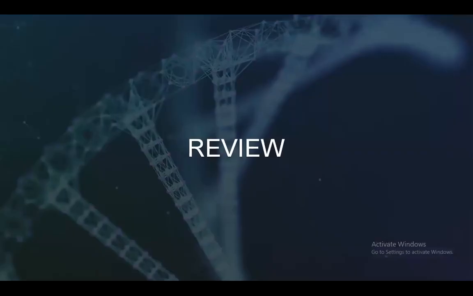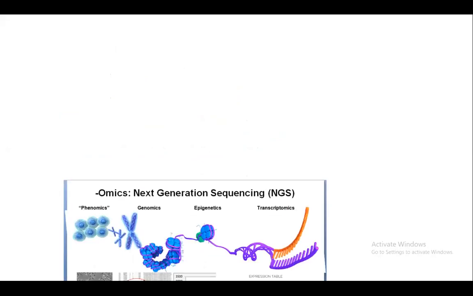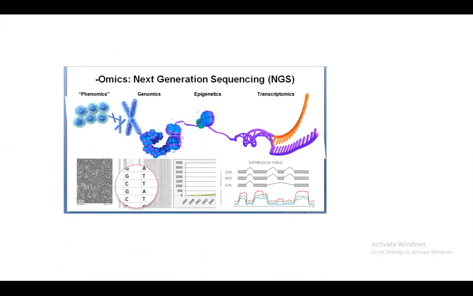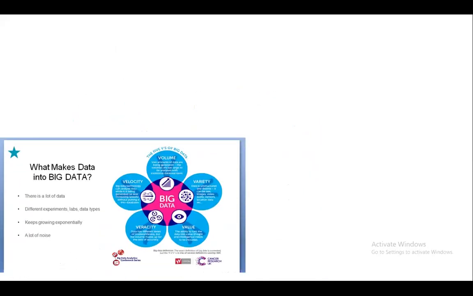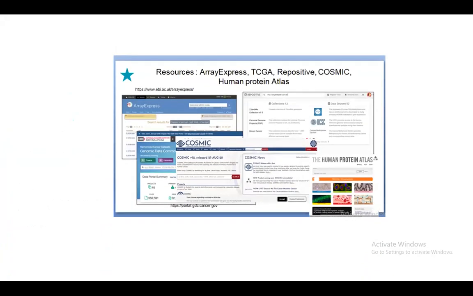Before moving to today's session, let's review what we learned in yesterday's session. Yesterday we talked about the history of genomics data, and then we learned about different omics layers from NGS, like phenomics, genomics, epigenetics, transcriptomics, etc. Then we learned what factors make data into big data, and we looked at the resources available for big data.